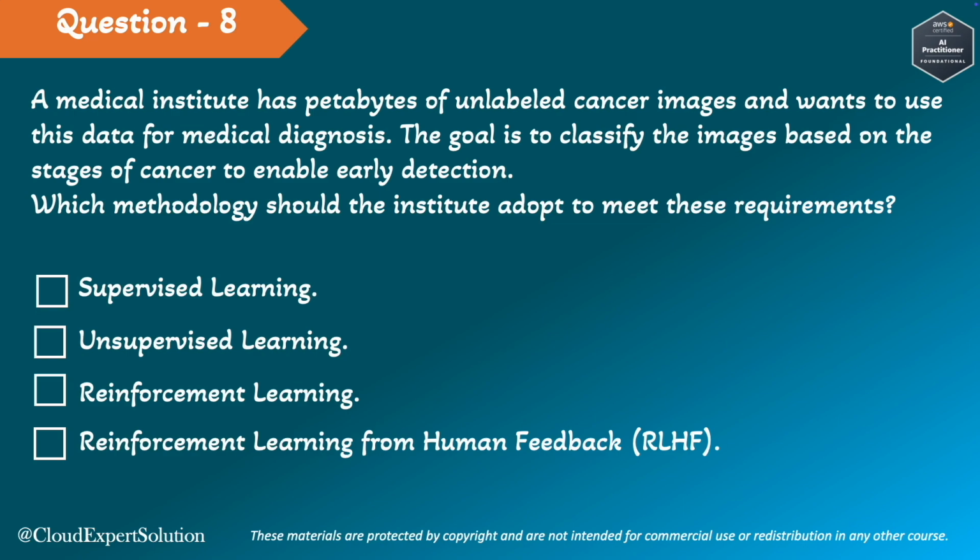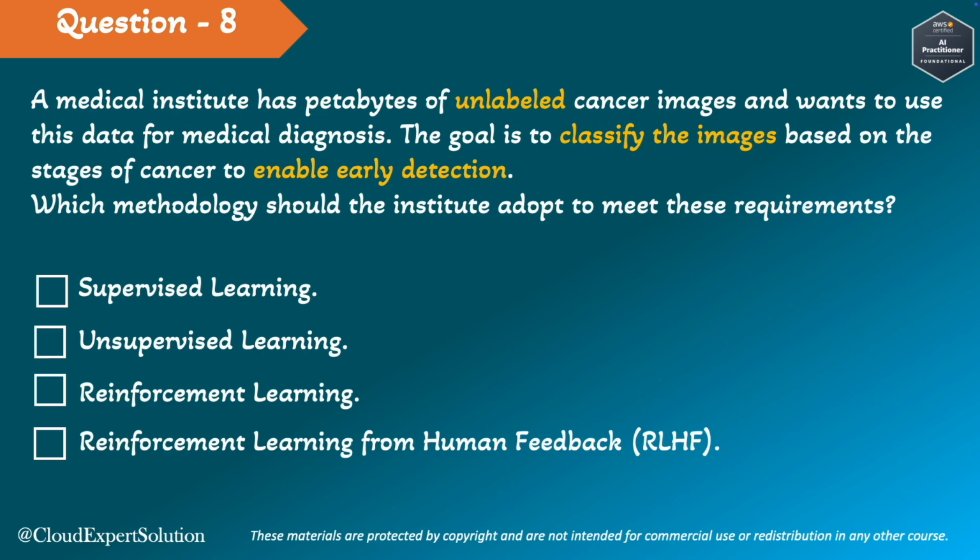Question number 8 is saying a medical institute has petabytes of unlabeled cancer images and wants to use this data for medical diagnosis. The goal is to classify the images based on the stages of cancer to enable early detection. Which methodology should the institute adopt to meet these requirements?